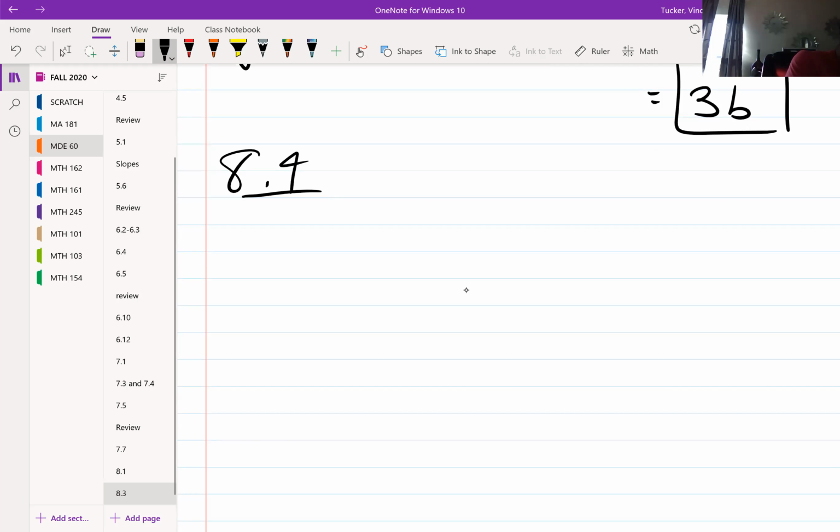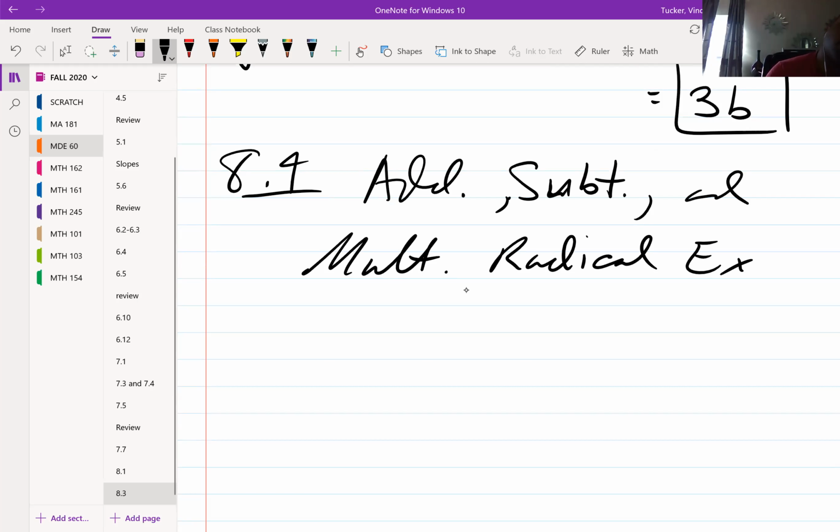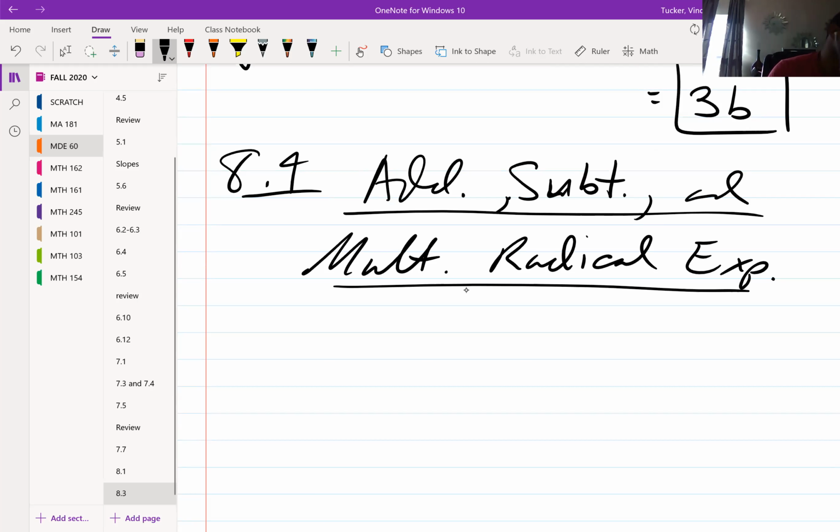Just adding, subtracting, multiplying. Yep. All right, so 8, 4 is adding, subtracting, and multiplying these radical expressions.